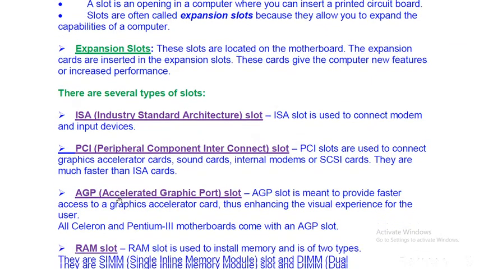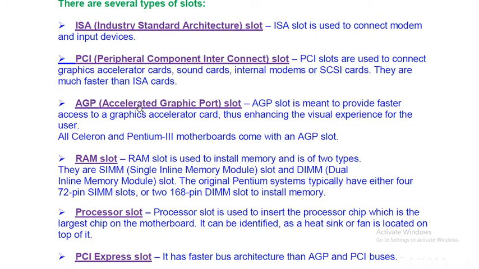Again, I am taking the AGP, accelerated graphics port slot. The AGP slot is meant to provide faster access to the graphics accelerated card, thus enhancing the visual experience for the user.